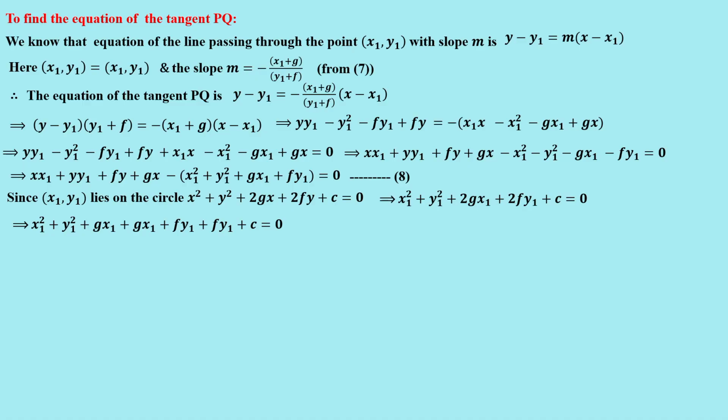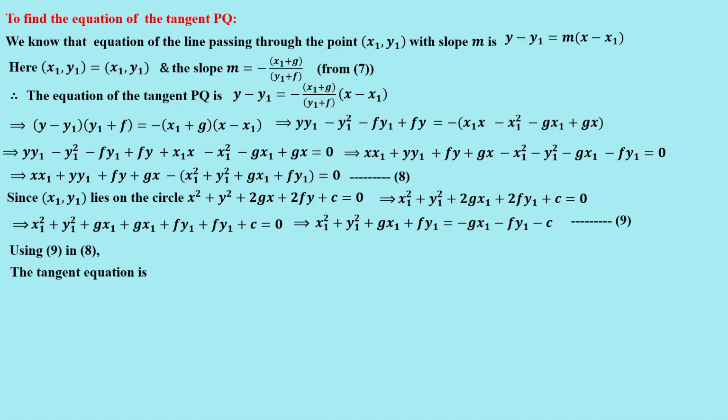Here we split the terms because in the 8th equation we have only one g x1 and one f y1, whereas here you have 2g x1. So keep x1 square plus y1 square plus g x1 plus f y1 on the left hand side, bringing the other terms to the right hand side: minus g x1 minus f y1 minus c. That is equation 9.